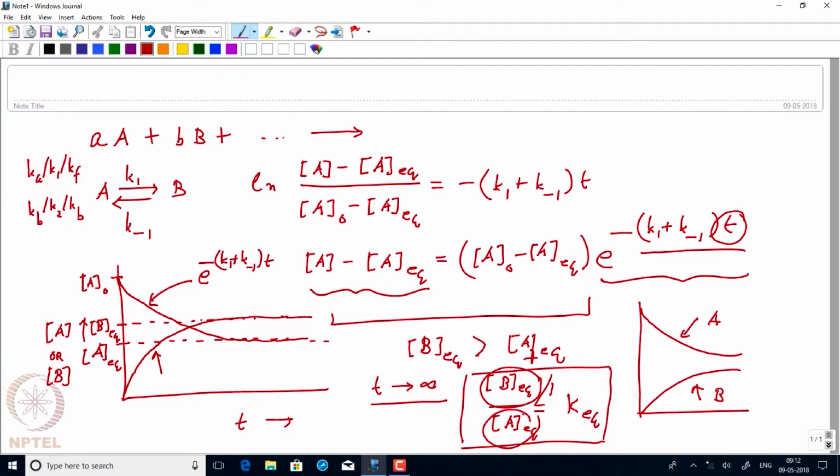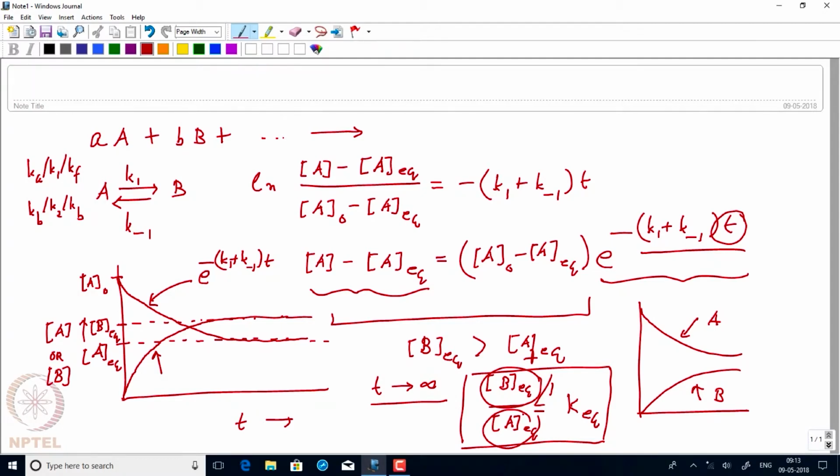In this case, we took 1:1 stoichiometry, so naturally it is unitless, but the equilibrium constant expression can have B squared divided by A. In that case, to make it unitless, we first divide B by the unit concentration and then take the square, so that everything becomes unitless.